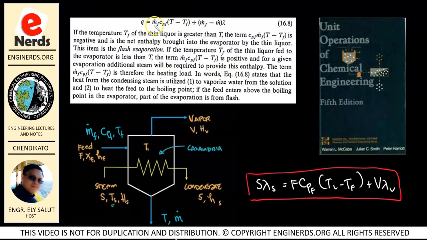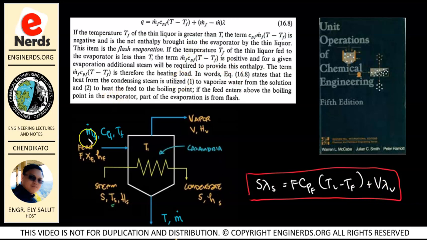Okay, so we have MF, which is the feed, kung F. Then CPF is the same as CPF. Times T, the temperature of the liquor, dahil yung liquor natin is walang subscript. So, we have temperature of the liquor minus temperature of the feed. So, same, no? Plus, MF minus M. And we have here the flow rate or mass flow rate of our vapor.